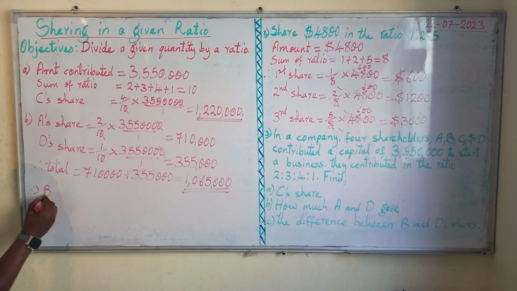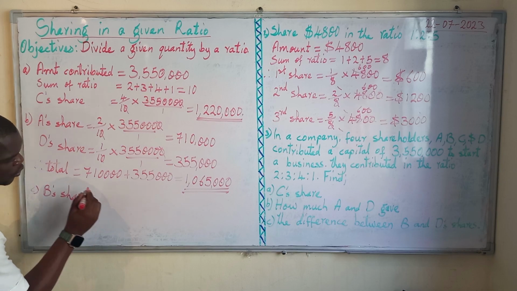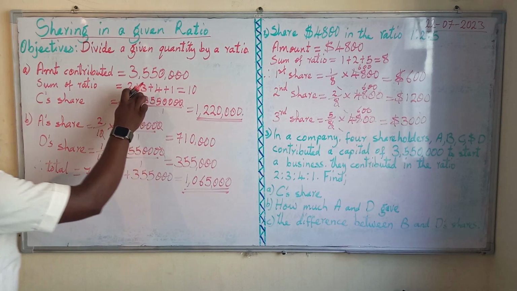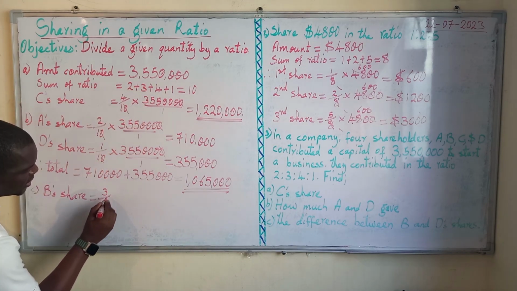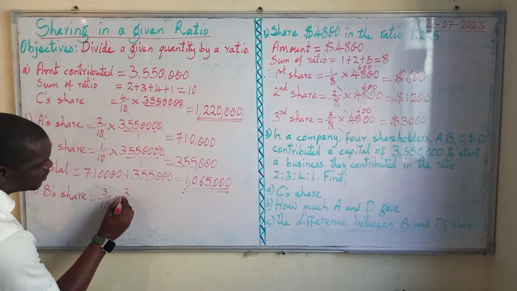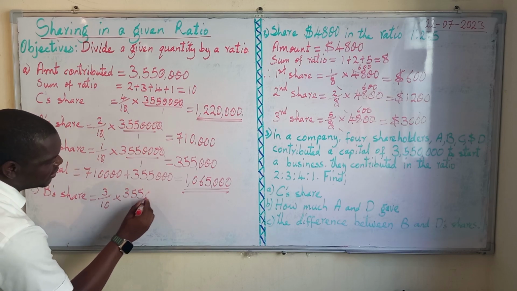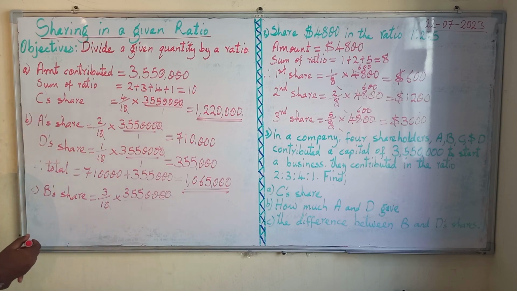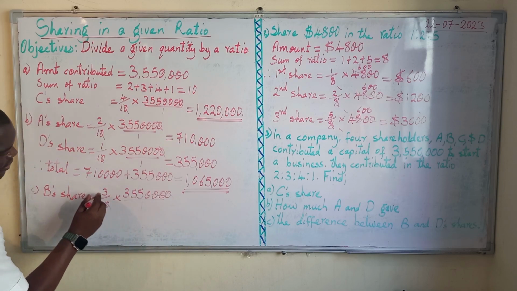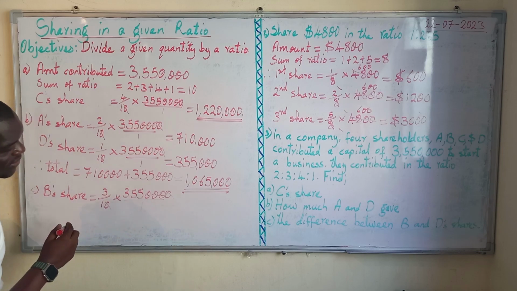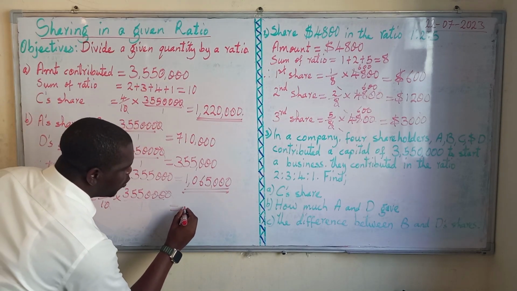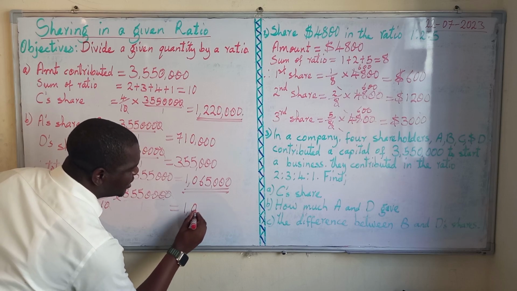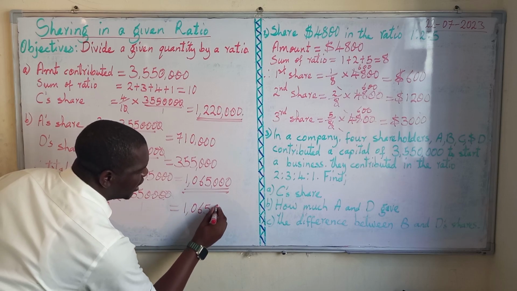In C, B's share is equal to, B here has 3. So the quantity for B is 3/10 times 3,550,000 over 1. So that this will simplify this. And if you multiply 3 by 355,000, this will give us 1,065,000.